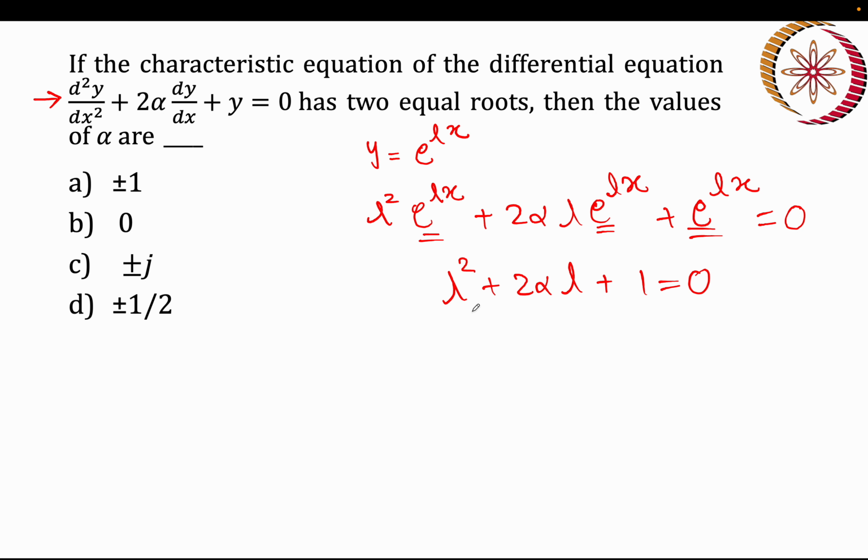This is nothing but similar to the D form. So instead of lambda we could have directly substituted D for the second derivative, it doesn't matter.